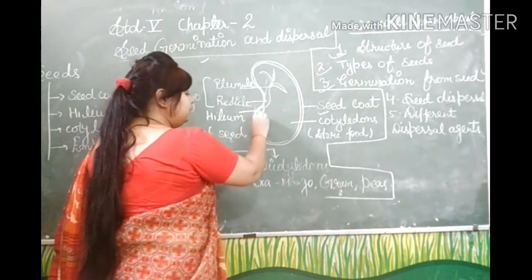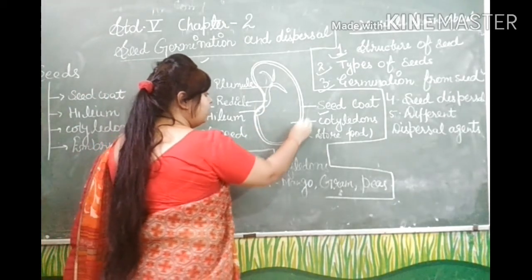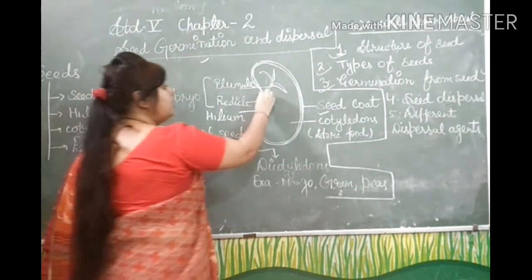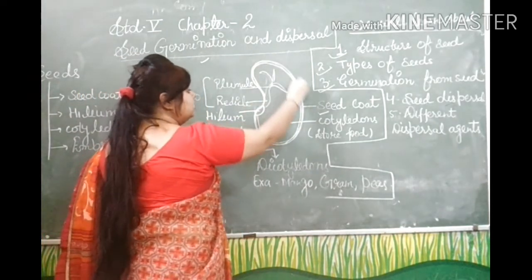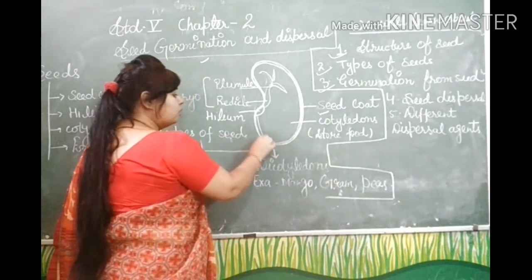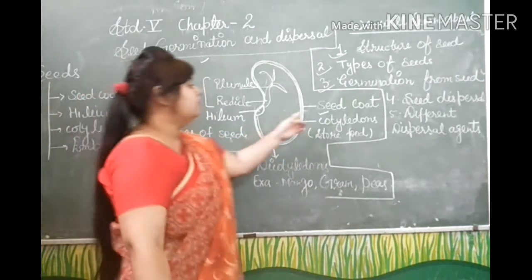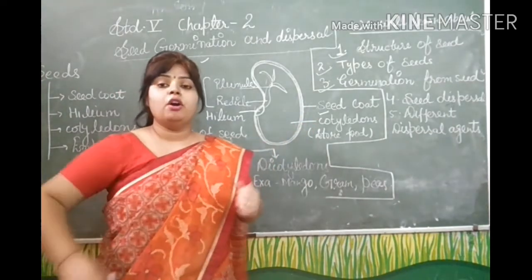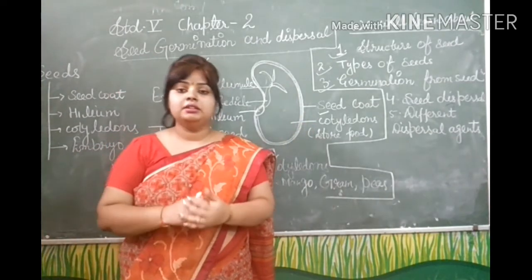I made a diagram for you students. Look at here. The outer covering of this is the seed coat. The outer covering is seed coat. It protects the seed from damage, like a crust.